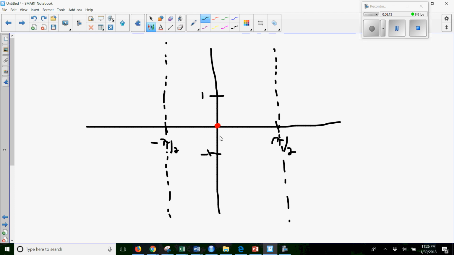So one here and negative 1. And again, these are at pi over 4 and negative pi over 4. So this one comes up from negative infinity, goes through the origin, and curves up.